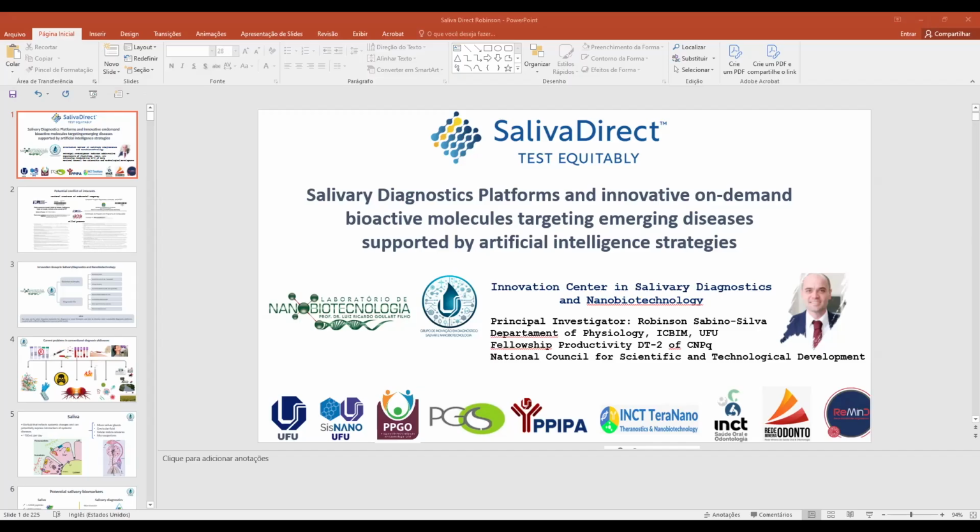After selecting these bioactive molecules, we introduce them into electrochemical biosensors and lateral flow biosensors. We have also developed some mass spectrometry sensors and photonic biosensors, and our bioactive molecules may also be applied to novel therapeutic approaches.